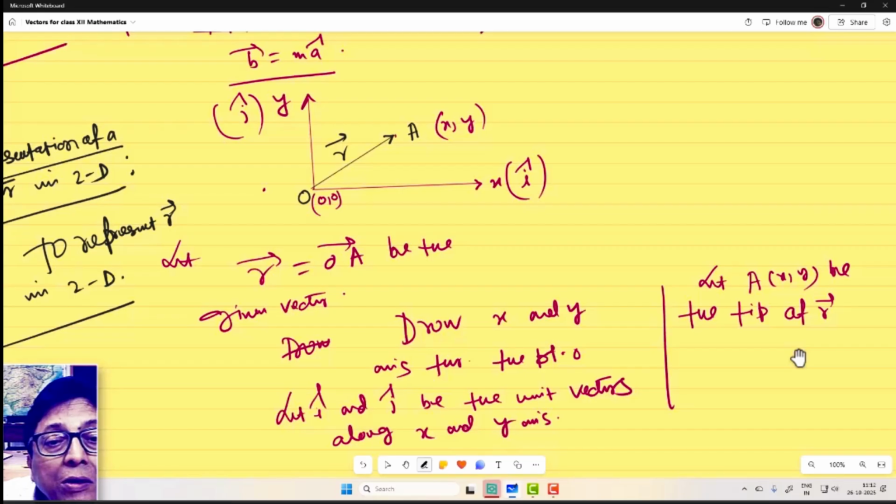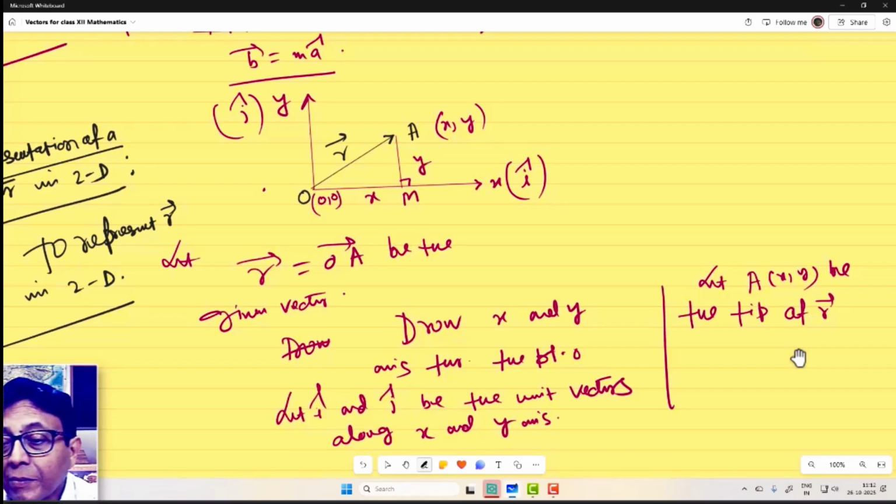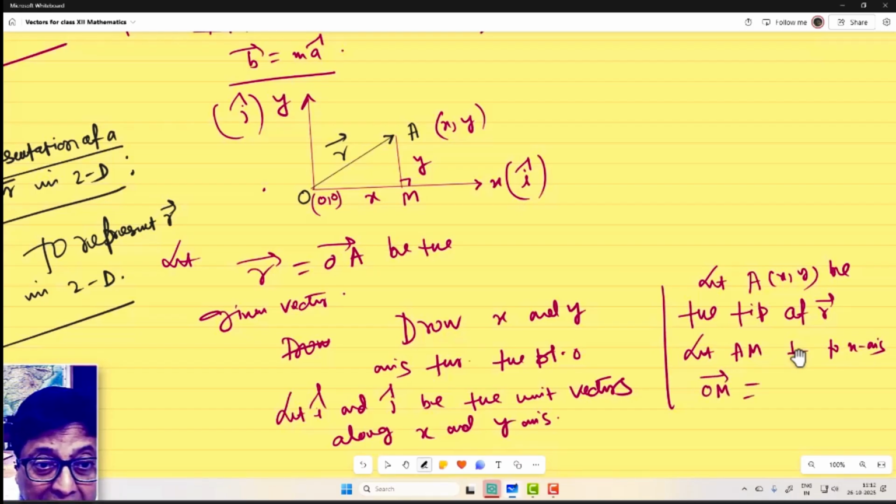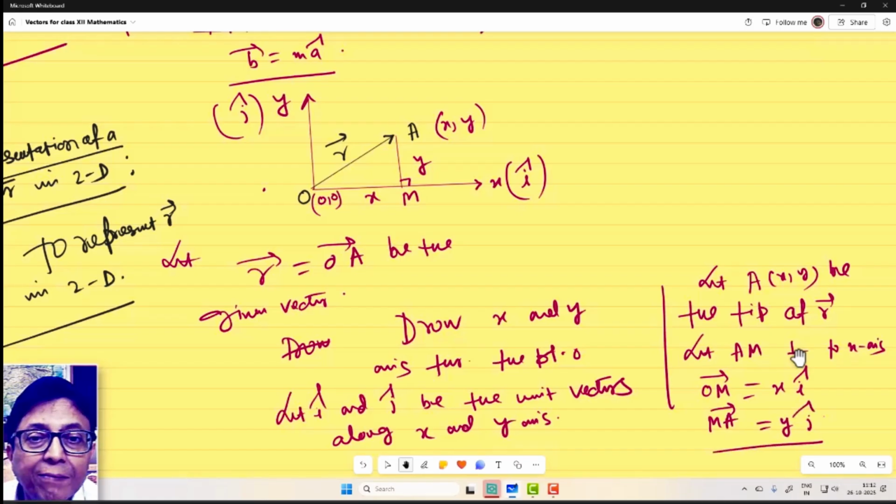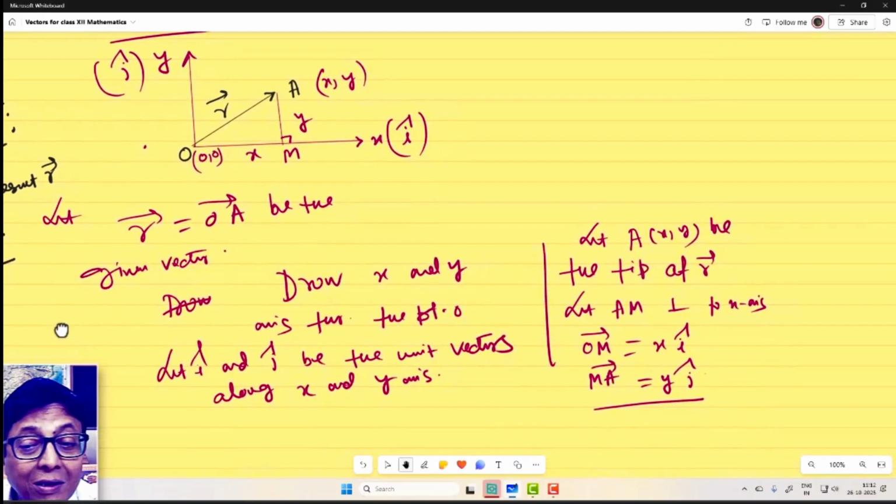Now draw a perpendicular on the x-axis. This part is x, this part is y. Let this perpendicular be AM. Let AM be perpendicular to the x-axis. Then OM is what? This magnitude is x, and unit vector you know, just as we have discussed, this will be x into i cap. MA will be what? This is going to be y into j cap. Now this is a triangle, triangle OMA.